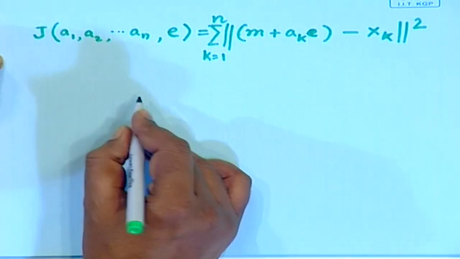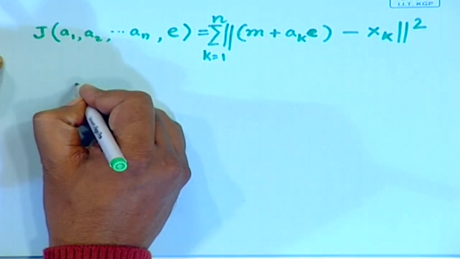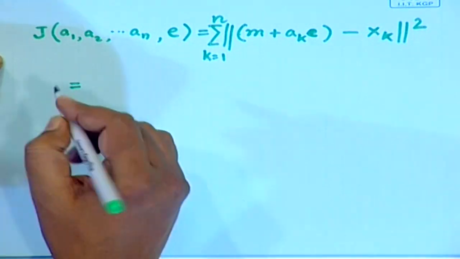That is the direction of the line, to be fixed. So given a line, how are the feature vectors to be mapped onto different points on this line so that the sum of squared error is minimized?